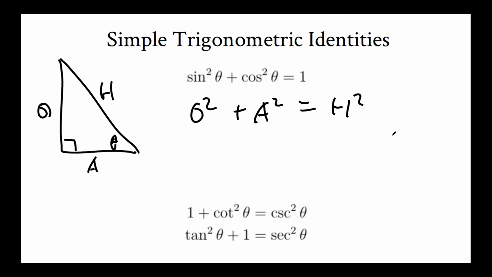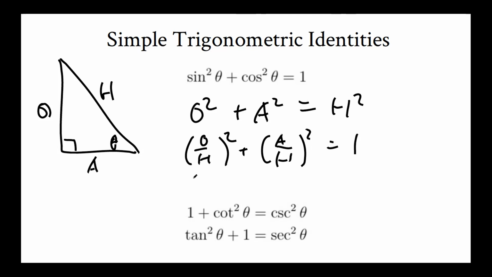Now, if we divide everything by H squared, what we get is O over H plus A over H, these two squared, equals 1. And remember that O over H and A over H are equal to sine of theta and cosine of theta, respectively.